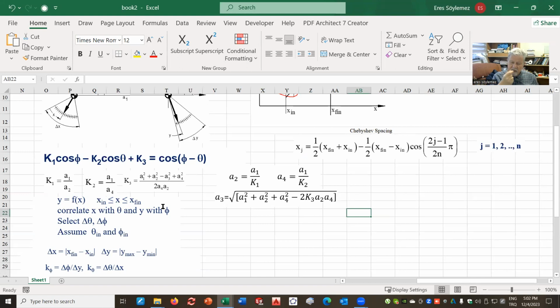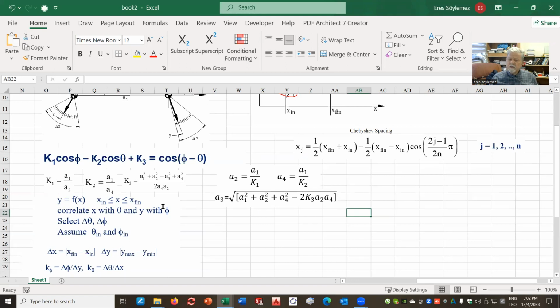Corresponding to this delta x, using y equals f of x, you will determine delta y, which, if the function is monotonic, will be y final minus y initial. Or if there's a maximum or a minimum in between, it will be y max minus y min. It will be delta y.